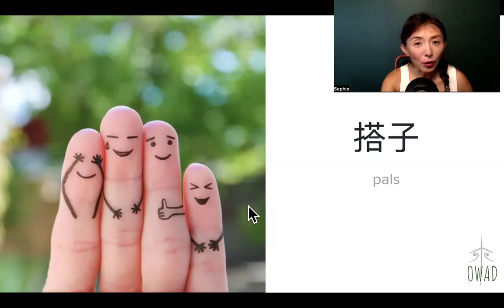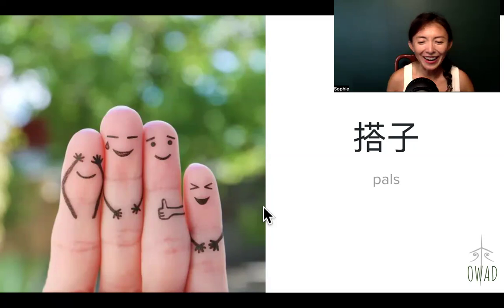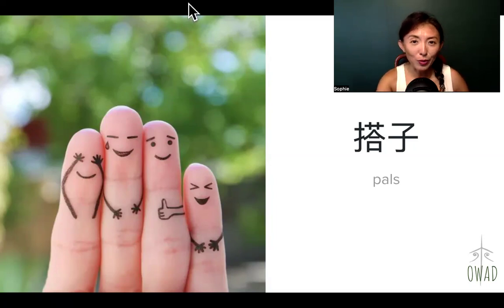Apparently, going out to eat, if you're just one person spending money at a restaurant, eating alone, is kind of an odd thing to do, right? There's a social pressure or stigma associated with it. So Chinese coined this word to mean you find somebody to do it together so you don't feel awkwardness.